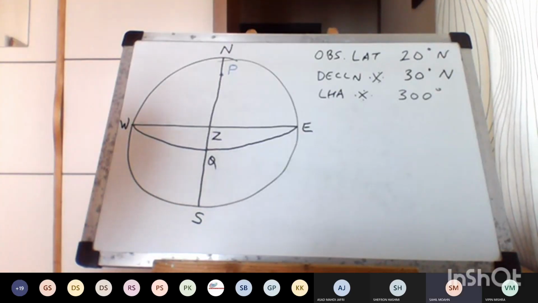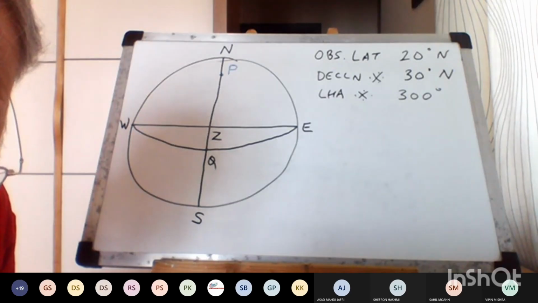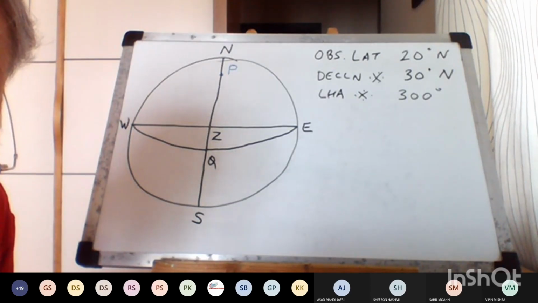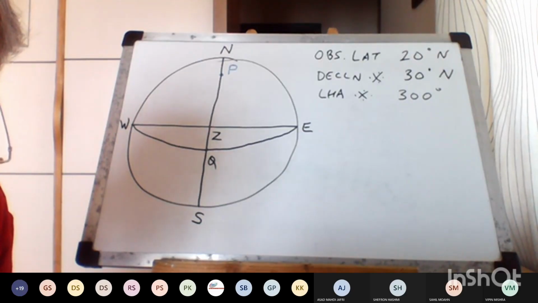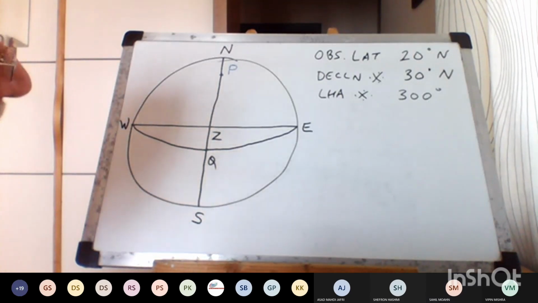Did you trace the path of the body north of the equator, south of the equator, less than the latitude, more than the latitude? If you have done all that, very good. You will get a very good idea of everything.